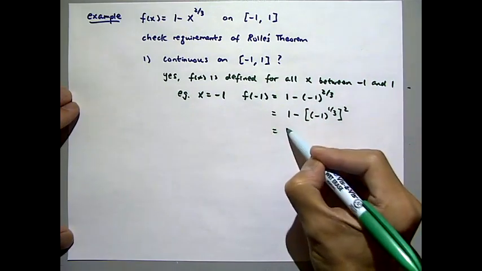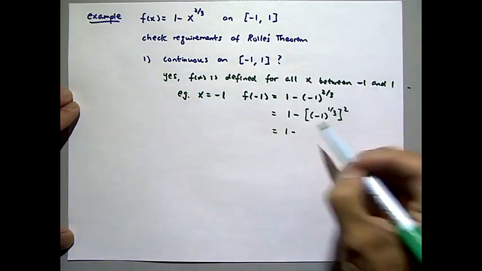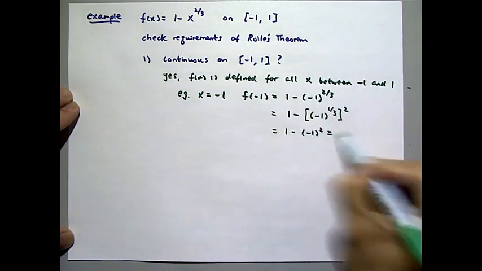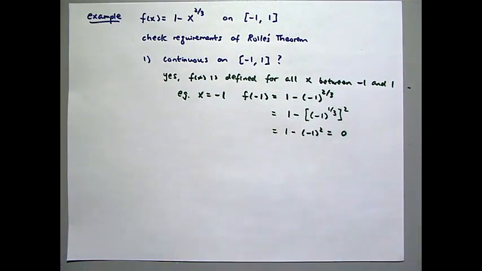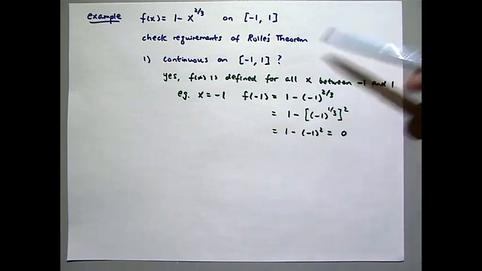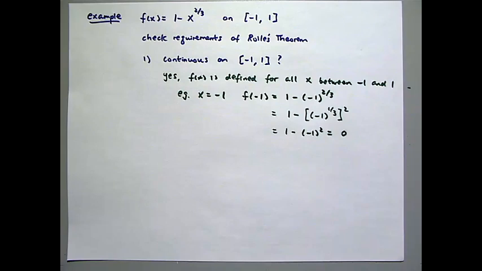So this gives you 1 minus, that's a minus 1, squared, that's a 1, of course, and that's 0, right? So any number between those two ends, you will get a meaningful number out of it, and that makes it continuous. Continuous means that every x will give you a meaningful value of y, and that is the case for all of that.